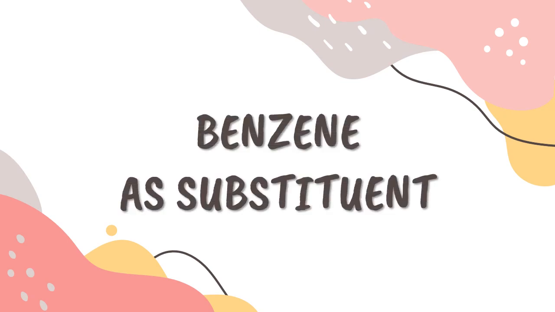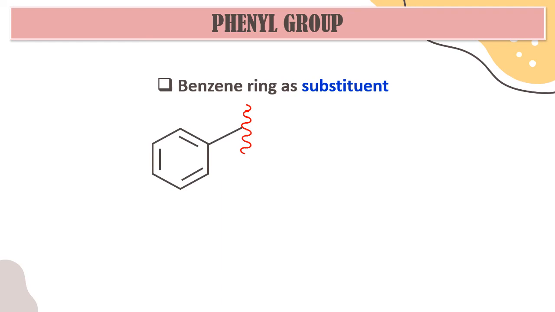Now, we're going to look at benzene as a substituent. What does it mean, a benzene as a substituent? First, we have a phenyl group. A benzene ring as a substituent, we call the phenyl group. So if you look over here, this is the parent chain. The parent chain must have a longer number of carbon compared to our benzene, or the parent chain should have a functional group.